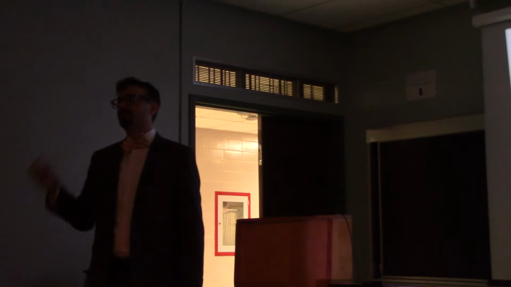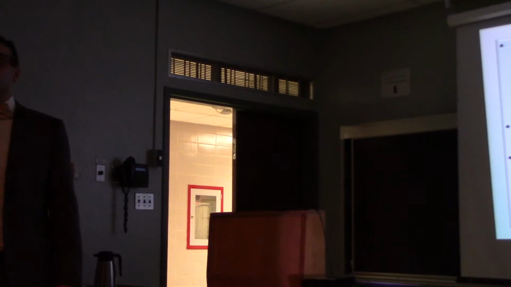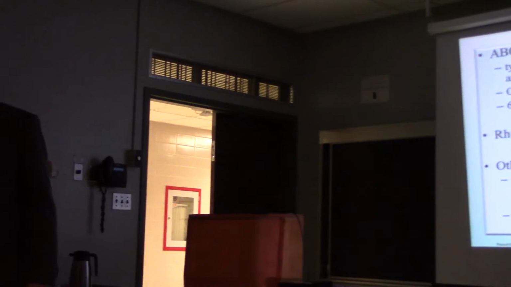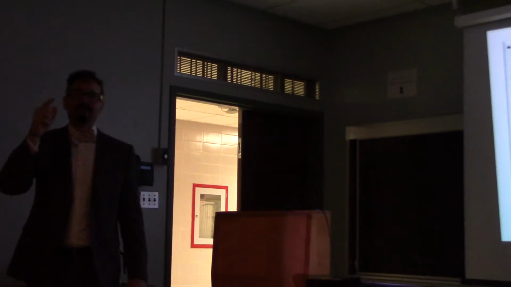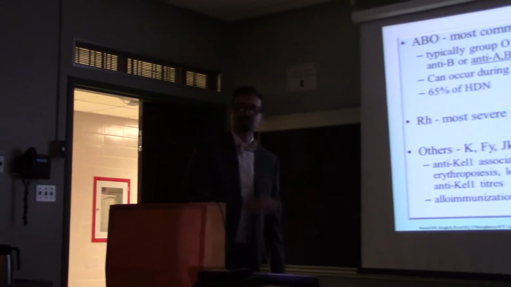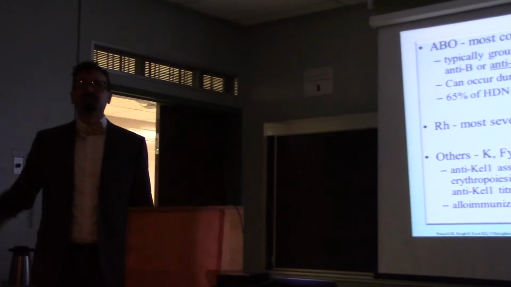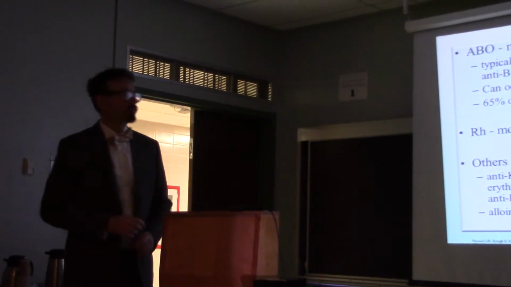Since bilirubin is the breakdown product of hemoglobin, we don't have a bilirubin problem because the antibody, anti-KEL1, is attacking the erythroblasts. And so you've eliminated the later stage that has the bilirubin.